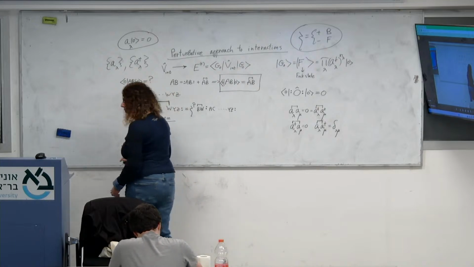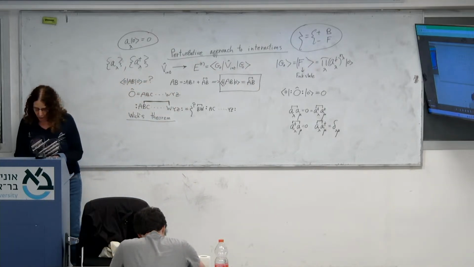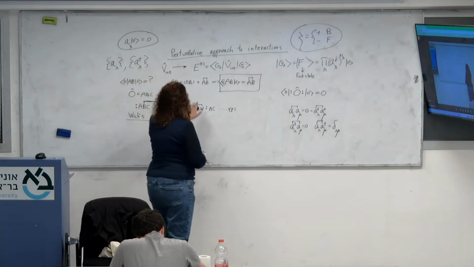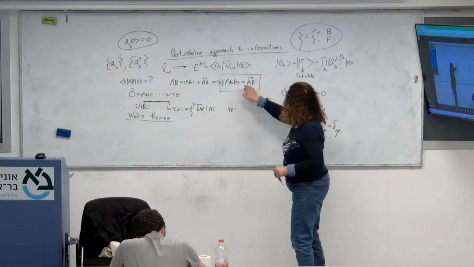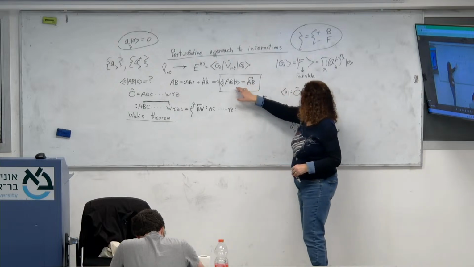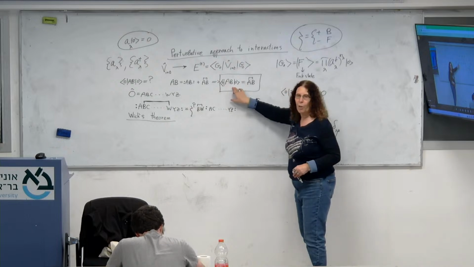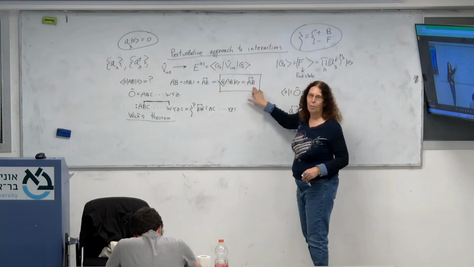Here's what it says. And I remind you that for each pair of operators, its vacuum expectation value is the contractor. Okay?